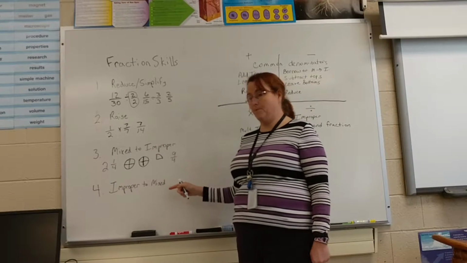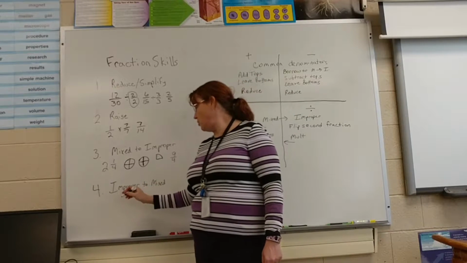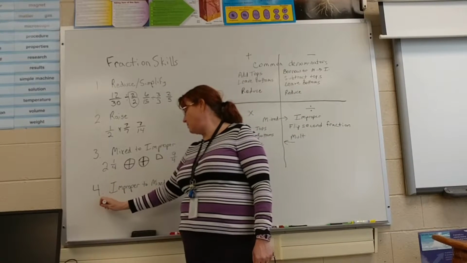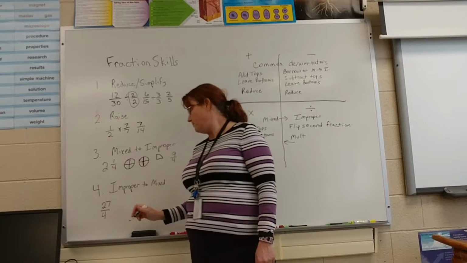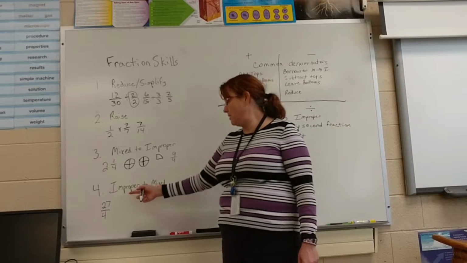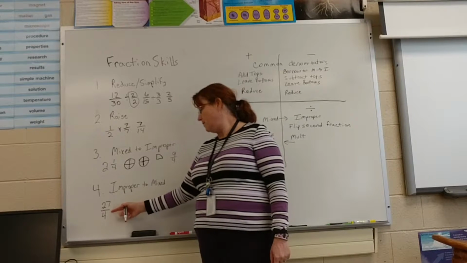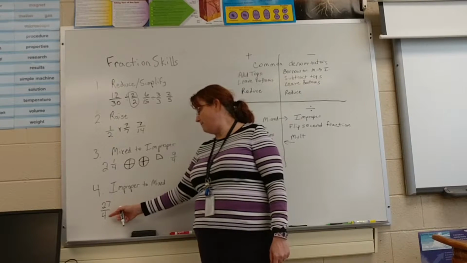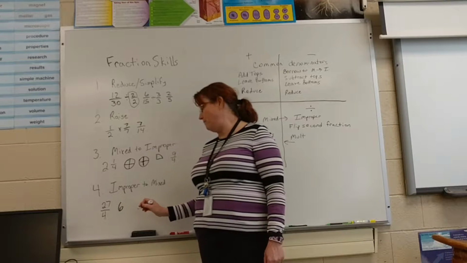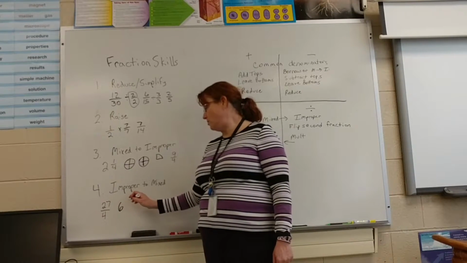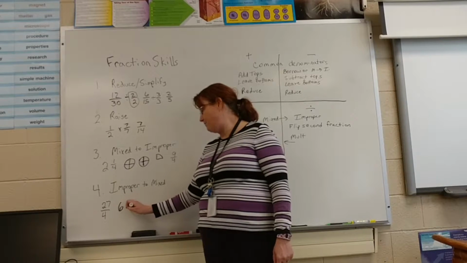To go from an improper to a mixed, you're going the opposite direction. You're going to have a number that looks something like 27/4. And this is a division problem, 27 divided by 4. If you take 27 and divide it by 4, 4 goes into 27 6 full times, which is 24. 27 minus 24 is 3 out of 4.